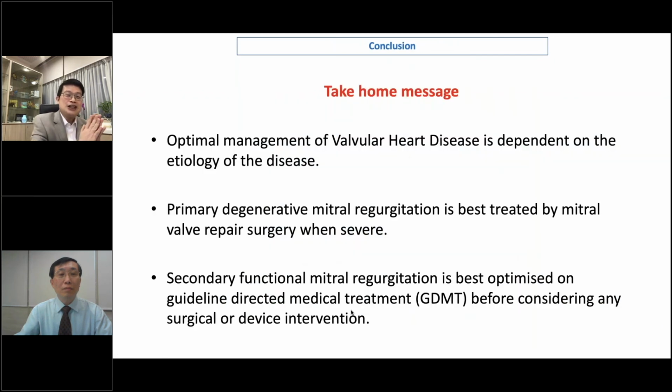So, take-home message: optimal management of valvular heart disease is dependent on the etiology of the disease. Primary degenerative mitral regurgitation is best treated by mitral valve repair surgery when severe. Secondary functional mitral regurgitation is best optimized on guideline-directed medical treatment before considering any surgical or device intervention.